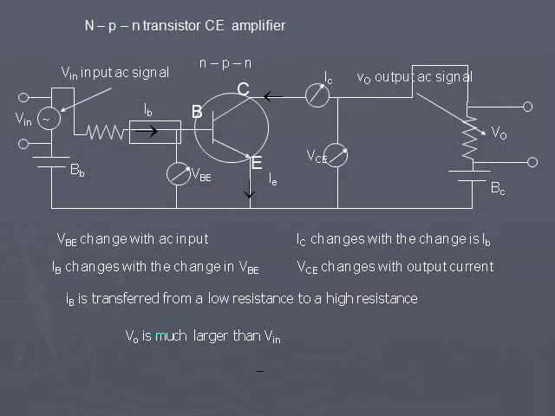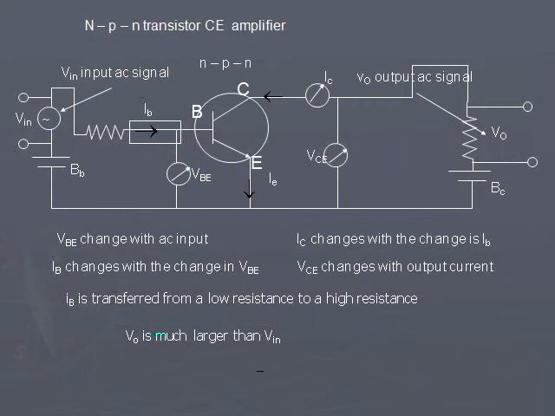Output resistance is very large, hence it will be transferred to a high resistance, so a high current will be obtained and thereby a large voltage will be obtained. The current will be transferred to high resistance, so hence the voltage will become large. So VO will be larger than Vin. Like this, a weak signal will be strengthened by the transistor. Such an action of a transistor is called amplification.